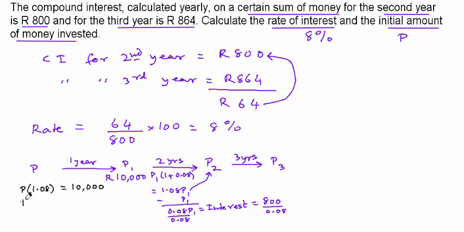So P, the initial amount deposited or invested, is equal to 10,000 divided by 1.08, which is equal to 9,259.26 Rand. So this is P, 9,259.26 Rand. So we got the rate of interest, we got the initial amount.